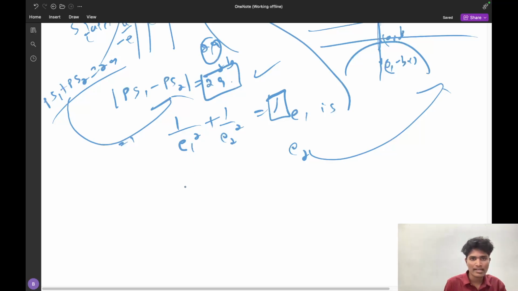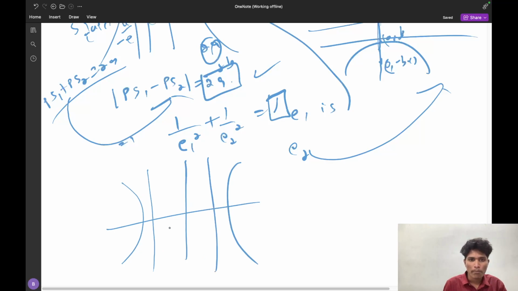And now the auxiliary circle. Again, we know what an auxiliary circle is. If this is a hyperbola, by taking the reference of these points and making the diameter, we can make one circle, this circle.